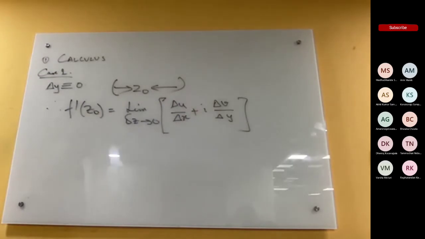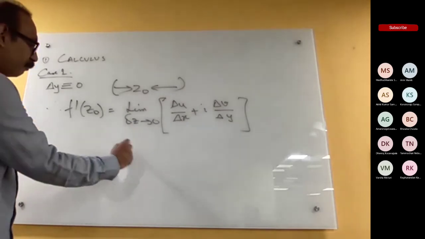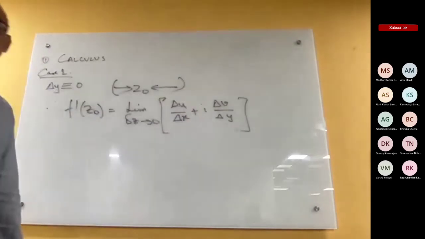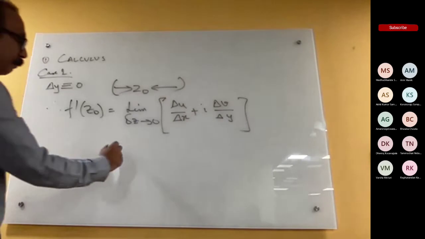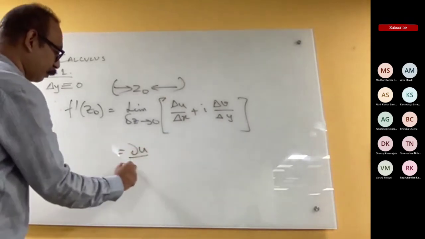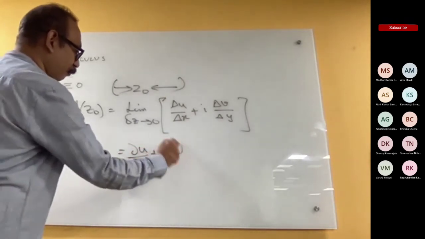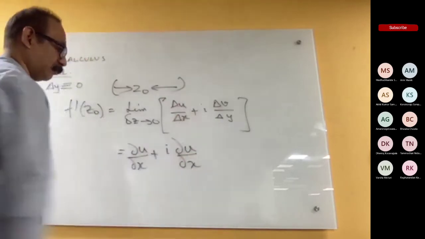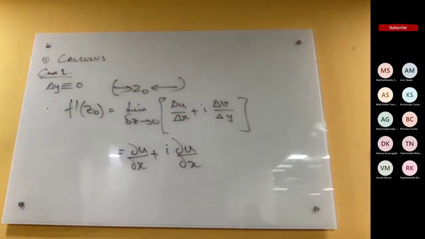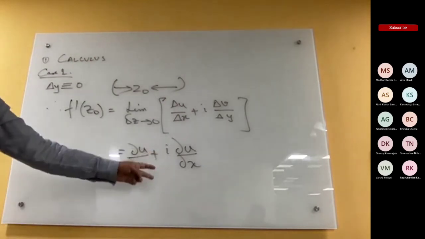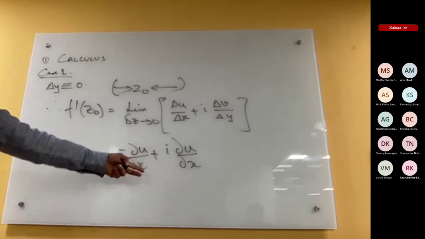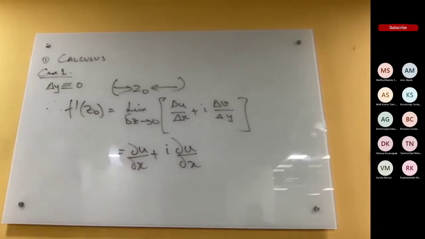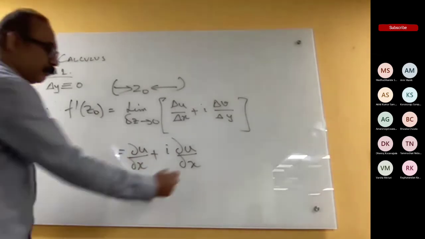So it just means that you just differentiate with respect to x, because the other part doesn't exist. So it becomes the partial derivative of u with respect to x plus i times the partial derivative of v with respect to x. The reason you have to take two partial derivatives is because it's a complex number. It will have to end up being x plus iy. Otherwise, it is not a complex number.